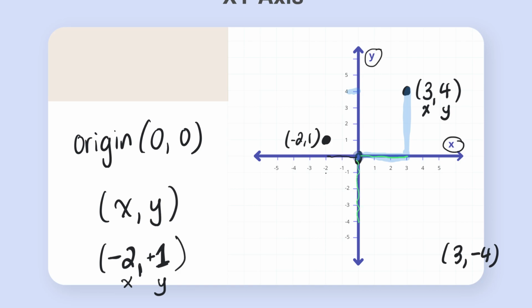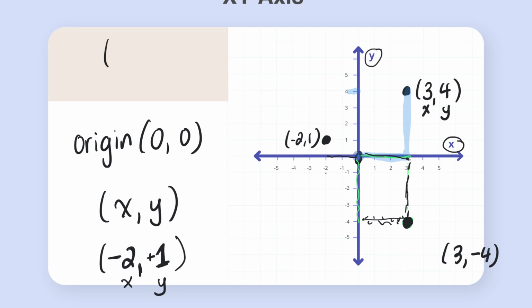Good. So we move to the right 3, and then we have to figure out where we're going to stop at -4. So the point will be located right here. 3, -4. Okay, that's where the point is located.